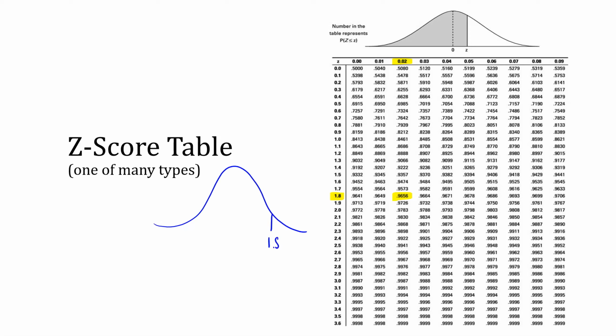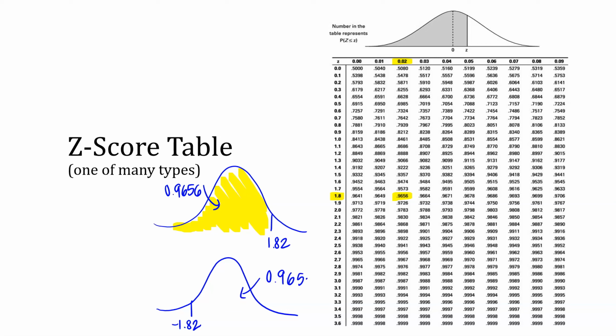So if this is 1.82 standard deviations, this proportion, which is the area under this part of the curve, would be equal to 0.9656. However, since I know that normal distribution curves are symmetric, negative 1.82 would also have a proportion of 0.9656 for the area under the curve above negative 1.82.